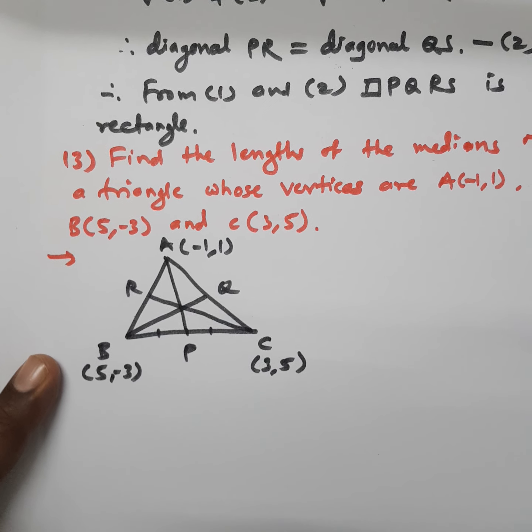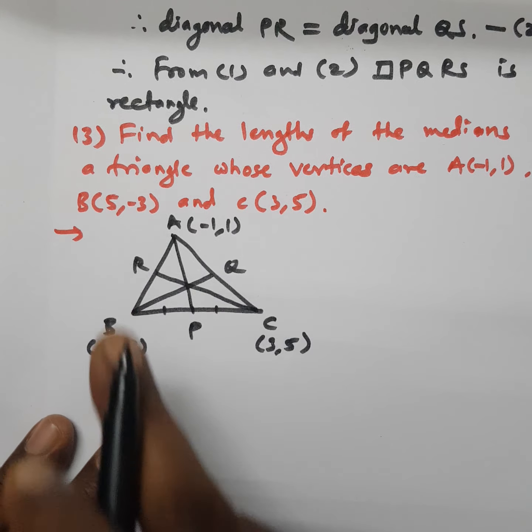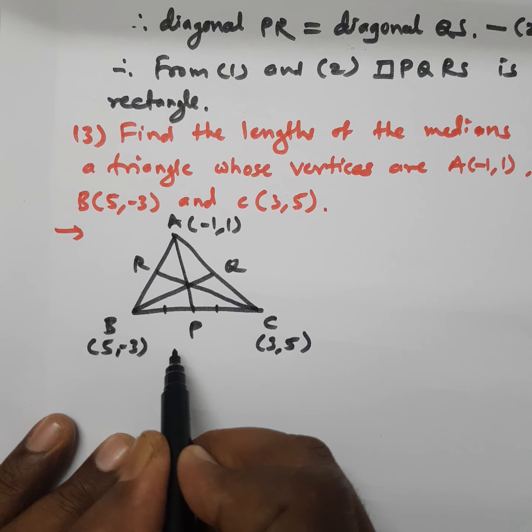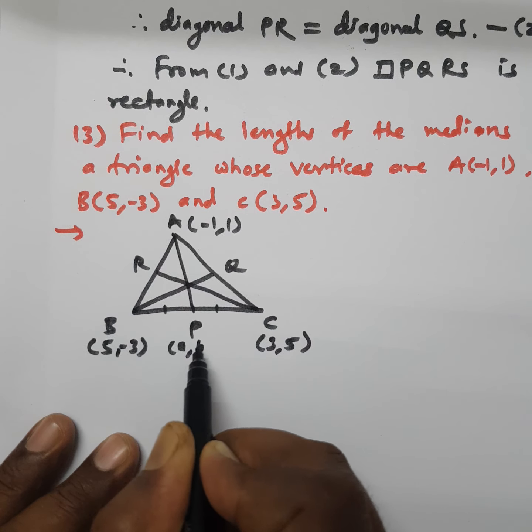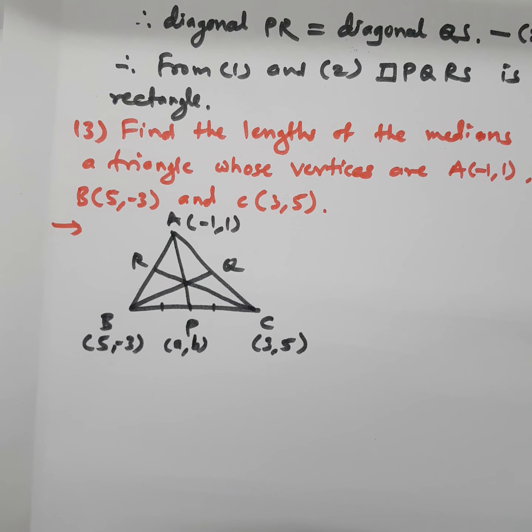Here, to find the length of median AP, we must know the coordinates of point P. Suppose A, B are the coordinates of point P, where P is the midpoint of segment BC.